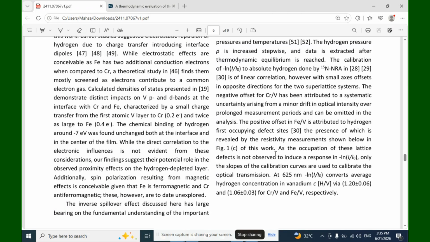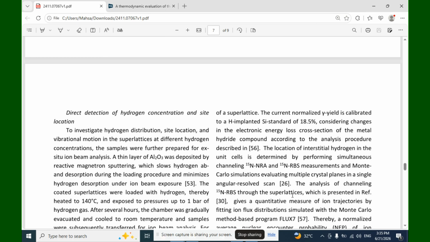As the occupation of these lattice defects is not observed to induce a response in minus ln I over I0, only the slopes of the calibration curves are used to calibrate the optical transmission at 625 nanometers, minus ln I over I0, to average hydrogen concentration in vanadium, CH per V, via 1.20 plus or minus 0.06 and 1.06 plus or minus 0.03 for chromium-vanadium and iron-vanadium respectively.